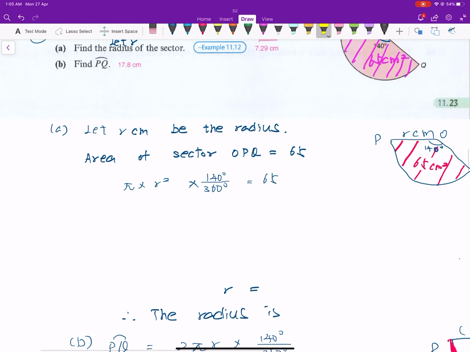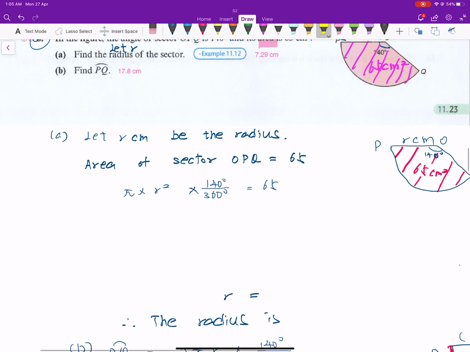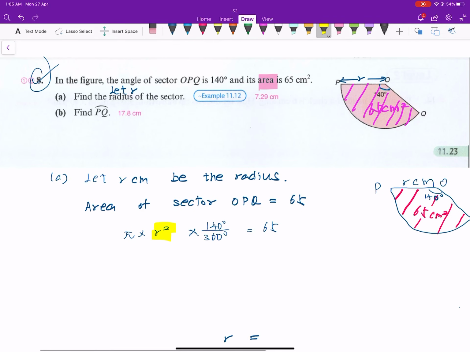And then we are looking for the unknown r squared. First of all, we can organize the formula, the left-hand side, like this.